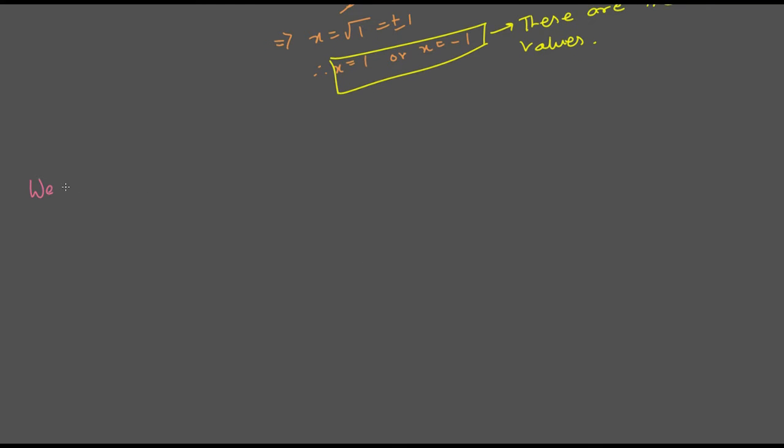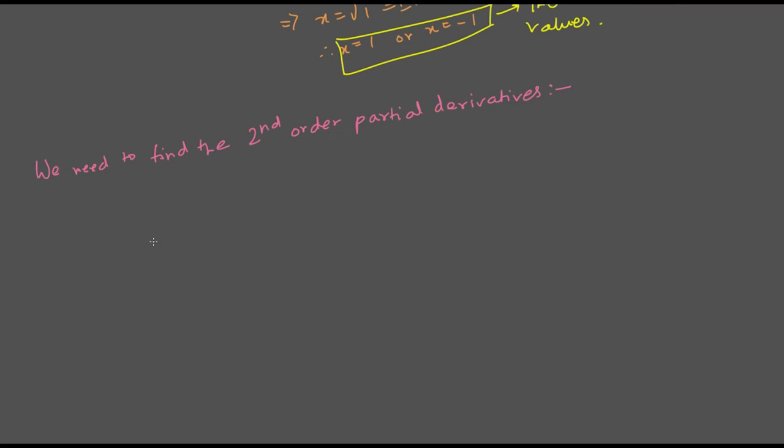Let me write it. We need to find the second order partial derivatives. So f double dash x equals del square f by del x square.